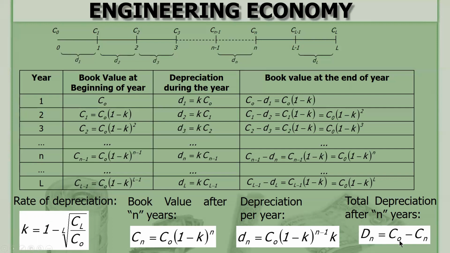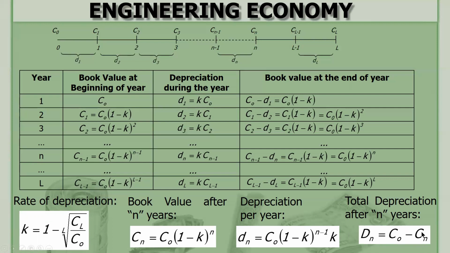Okay, total depreciation is first cost minus book value, or you can transpose C sub n and D sub n. The other one is book value is first cost minus total depreciation after n years.